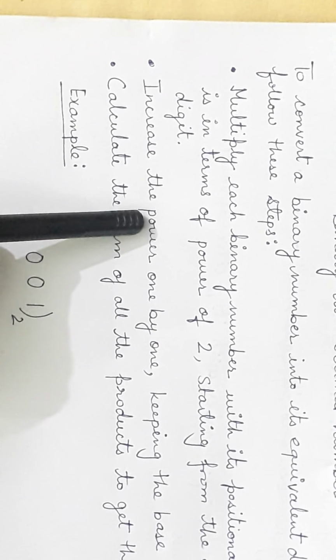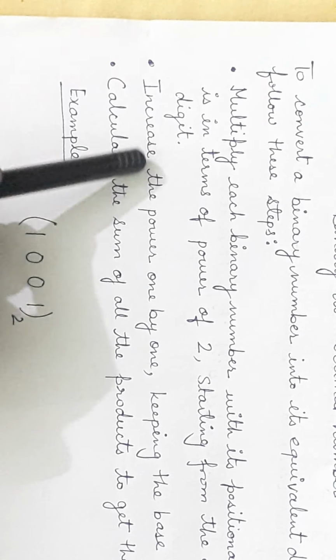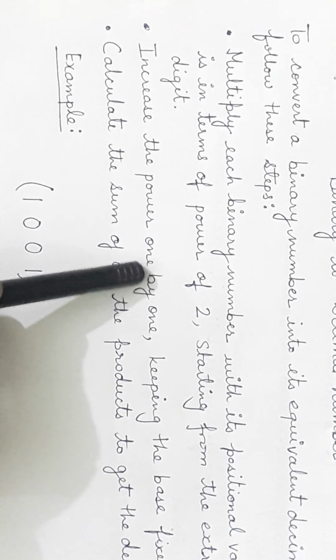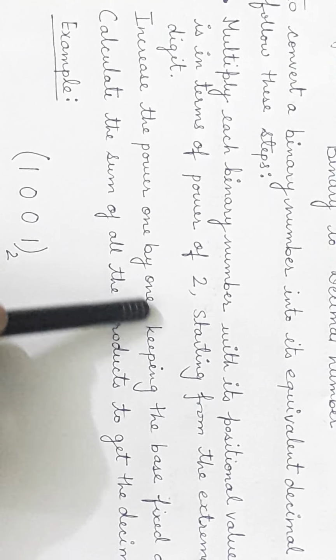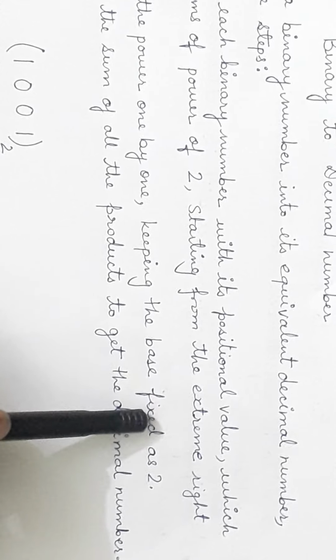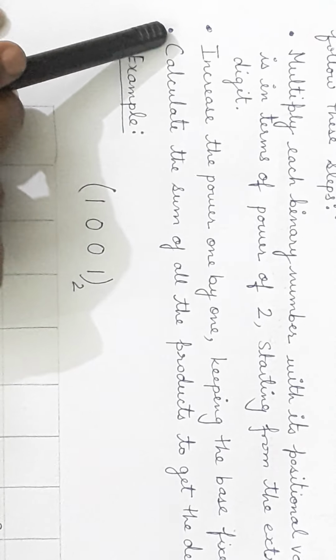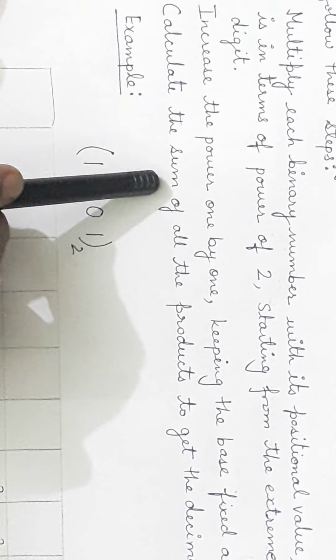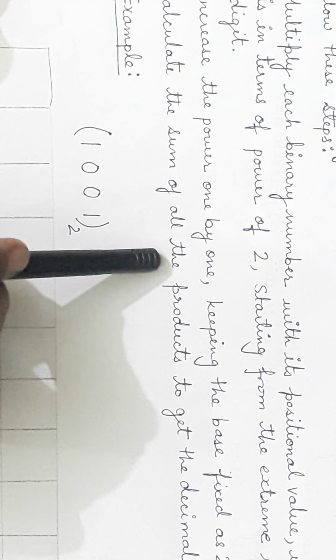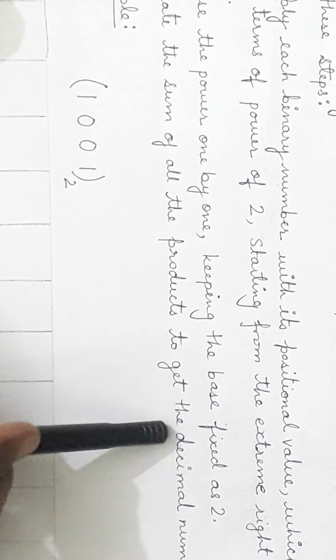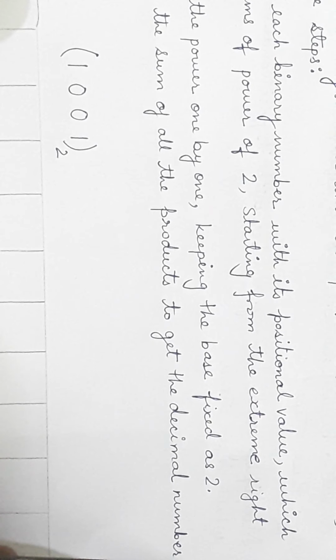The second rule is to increase the power 1 by 1, keeping the base fixed as 2. The third rule is to calculate the sum of all the products to get the decimal number.